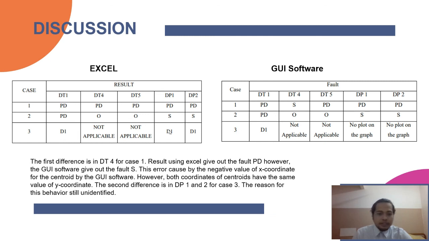Using Excel, it identified D1 for DUVAL triangle 1, and D1 for DUVAL pentagon 1 and 2. However, in the UI software, DUVAL pentagon 1 does not plot anything on the graph. The same for DUVAL pentagon 2; it does not plot any dot on the graph.